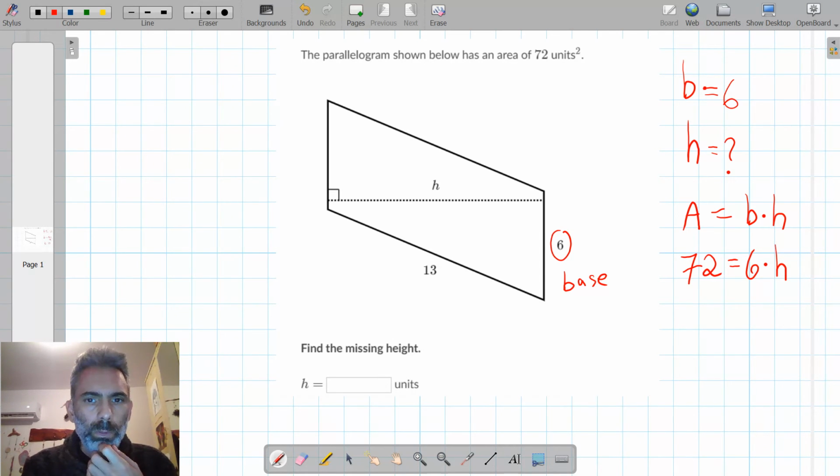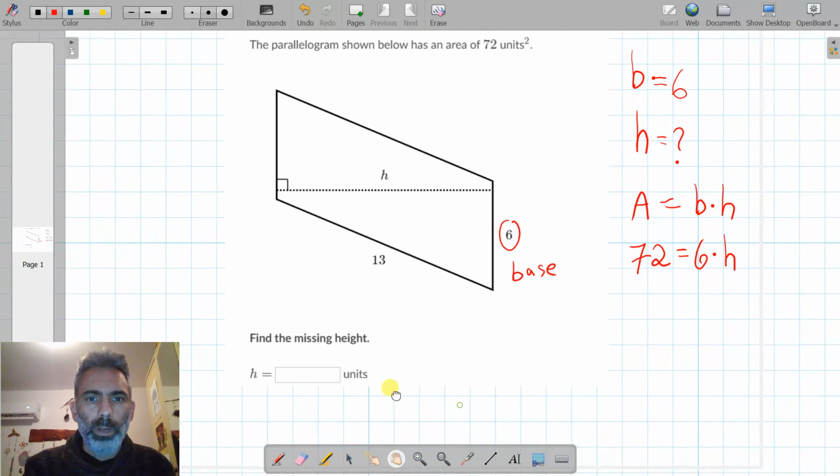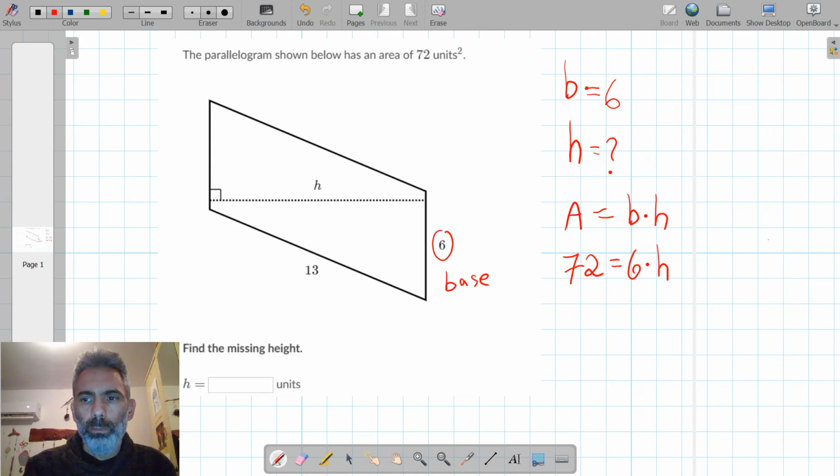So we need to isolate the H. In order to do it, we need to divide both sides of the equation by 6.